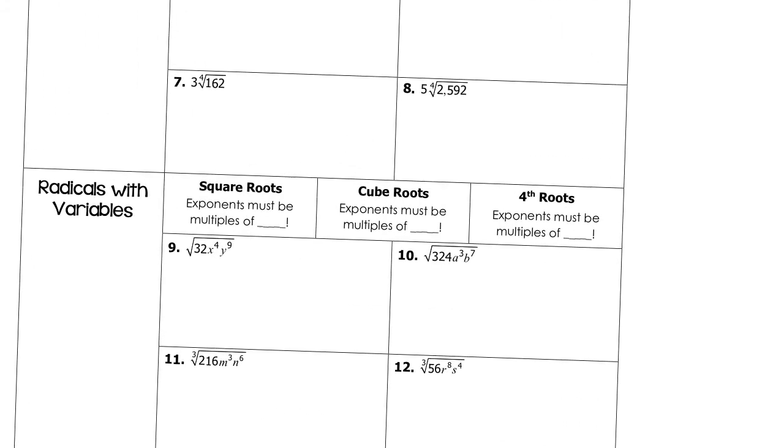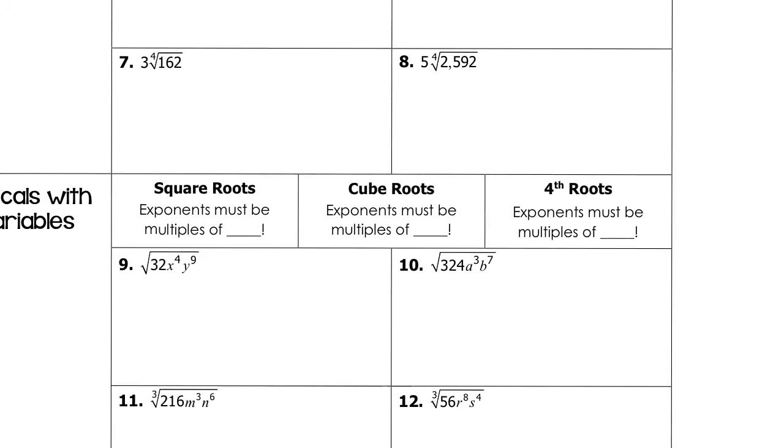For square roots, your exponents must be multiples of 2. Cube roots, exponents must be multiples of 3, and fourth roots, exponents must be multiples of 4. Okay, so use that and try to do the rest of this first page, the first 2 pages by yourself, using each other as a group.